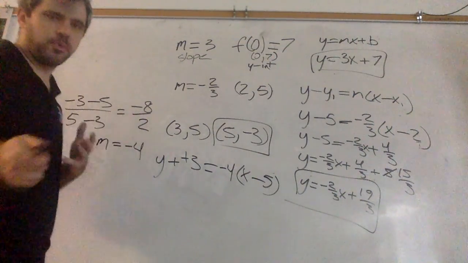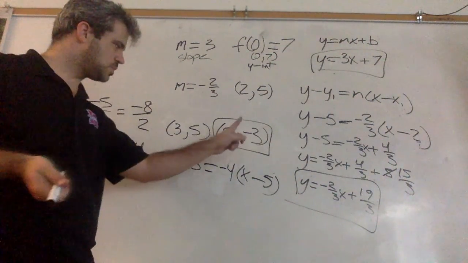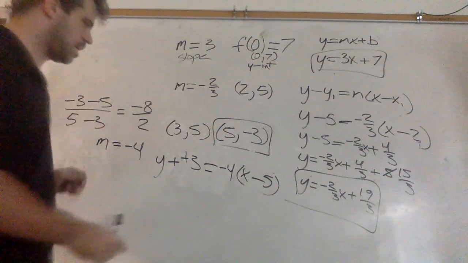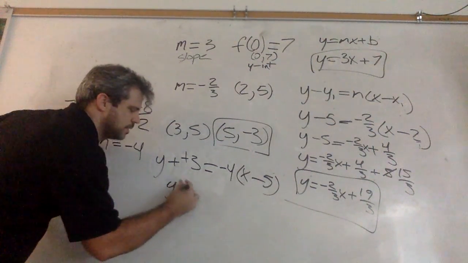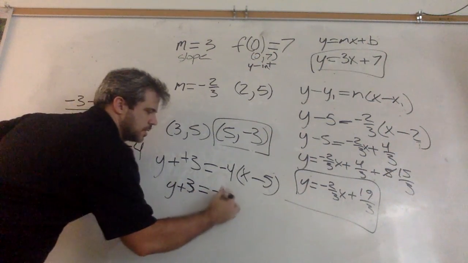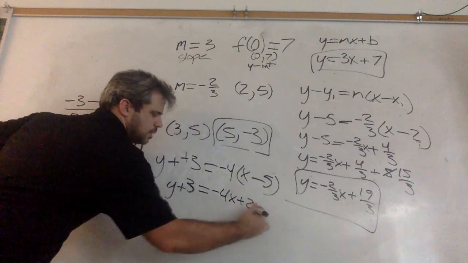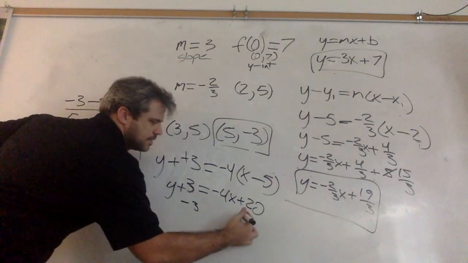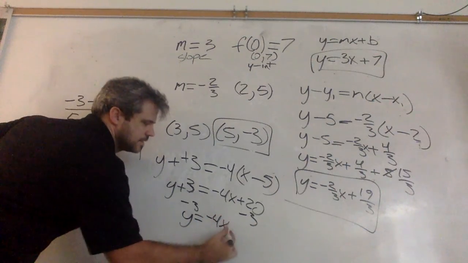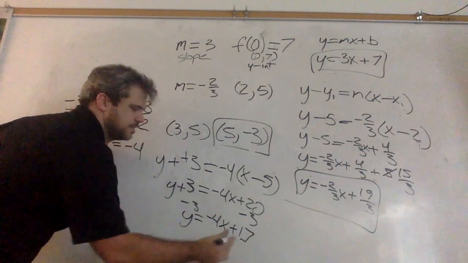It doesn't matter what point you pick, but if you use this for the y, you need to use this for the x, otherwise it doesn't work. So y plus 3 equals negative 4x plus 20 minus 3. y equals negative 4x plus 17.